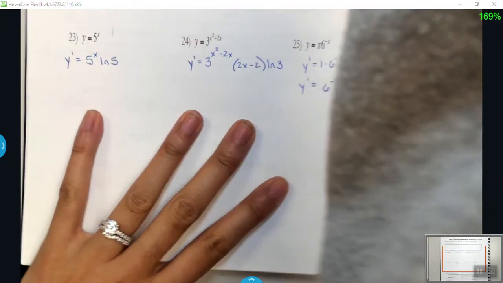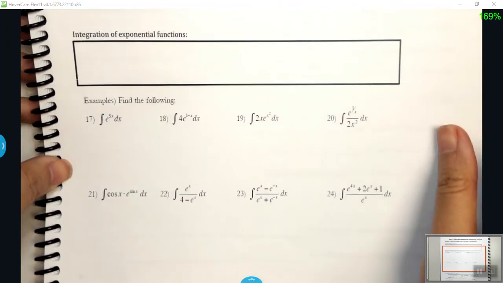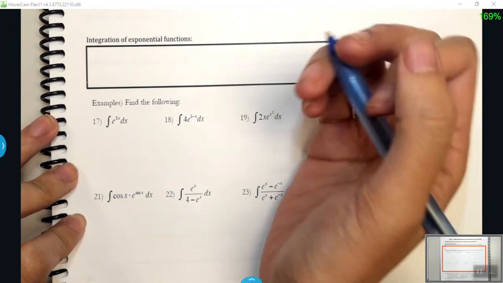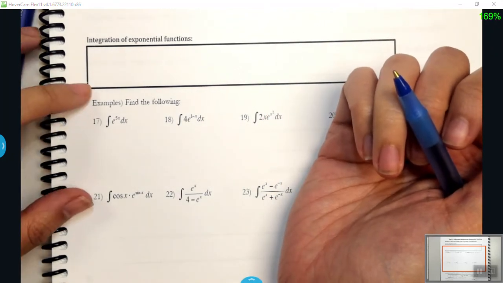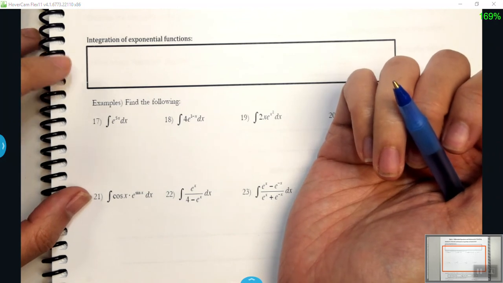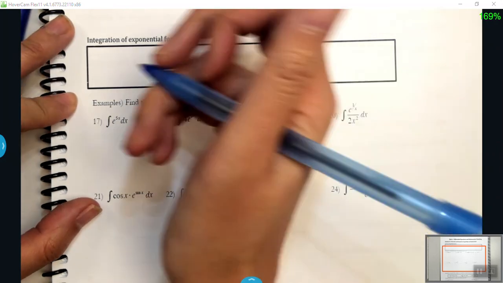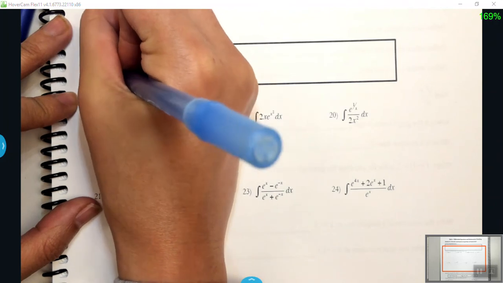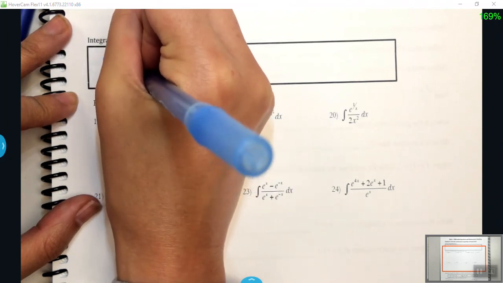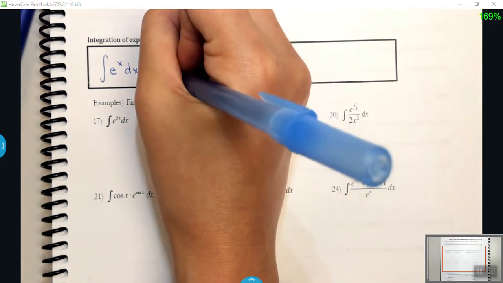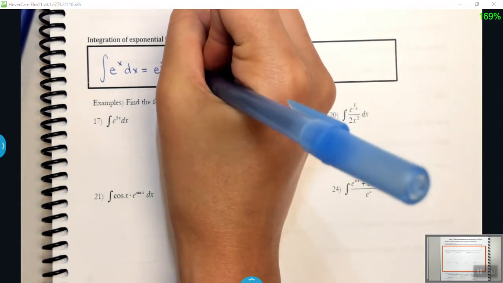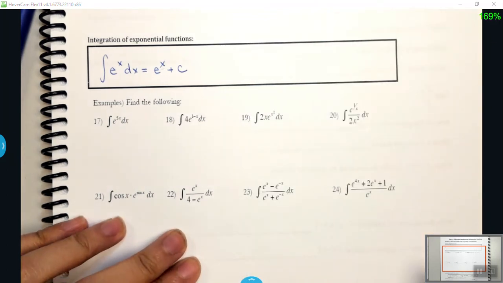So let's wrap up and do integrals of exponential functions. Well, I mean, you can do basically anything we've learned in calculus, but now with logs and exponents. So, integral of e to the x dx is, what do you think? e to the x plus c.